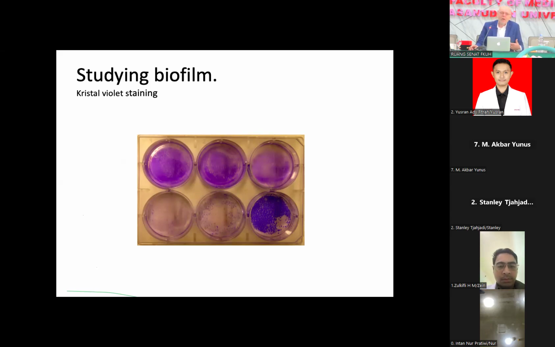So what do you do? You grow a biofilm in a 96 well plate, and you start staining them with crystal violet. I can tell you, don't try this at home. It's irreproducible. You wash away the bacteria very quickly, and it's still the most used assay.